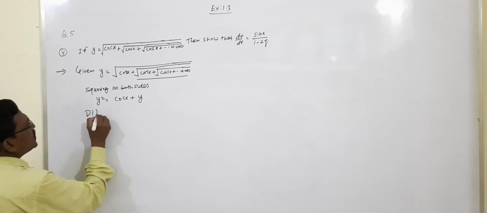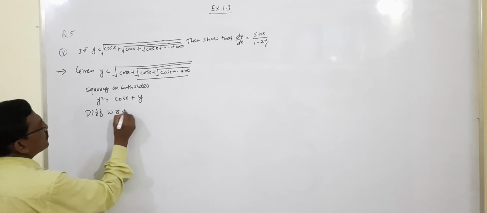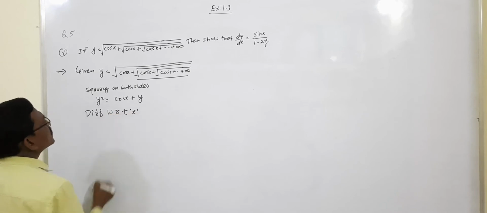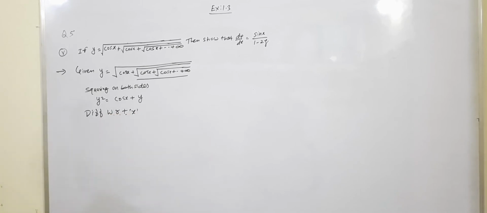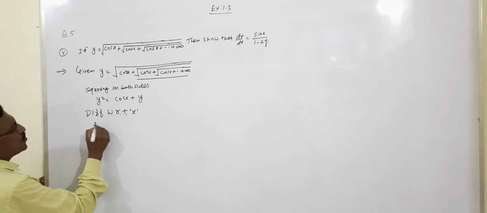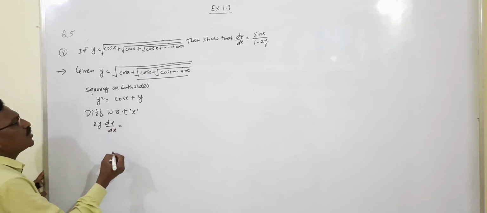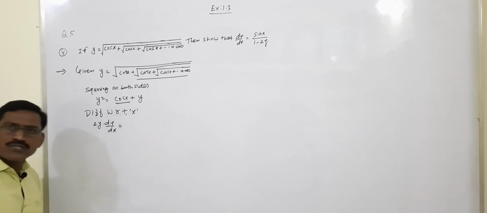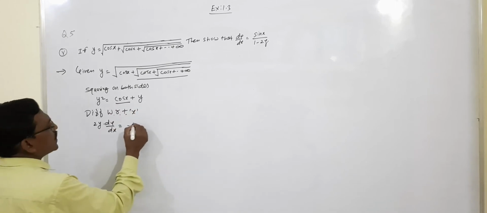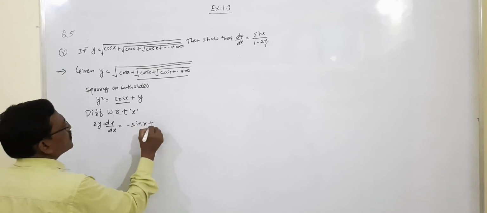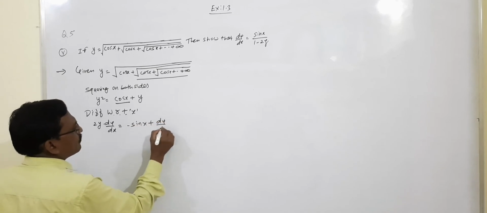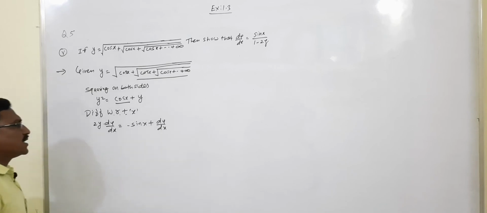So differentiate with respect to x we get: the derivative of y square is 2y into dy by dx, is equal to the derivative of cos x, which is minus sin x, plus the derivative of y with respect to x, which is dy by dx.